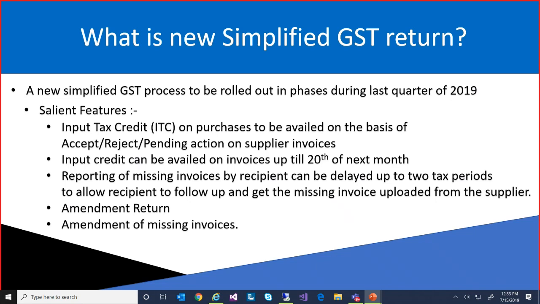Then the government is also introducing an amendment of the return process. If you have filed the return incorrectly, with some invoices incorrect or missing, you can make an amendment in the return, which is not available currently. Currently, if there is no liability, you need not file a nil return. But going forward, even if there is no input credit and no liability, you have to file the nil return.